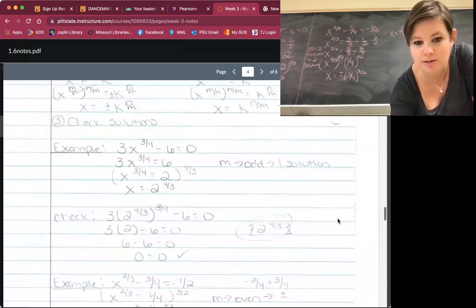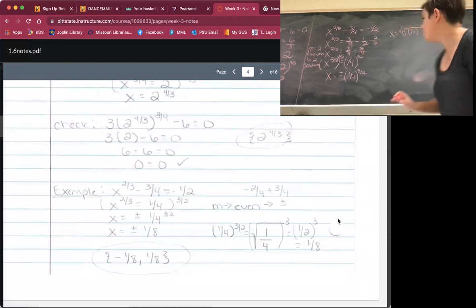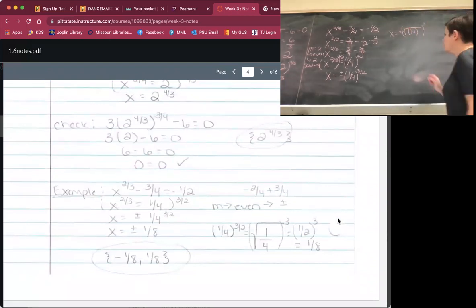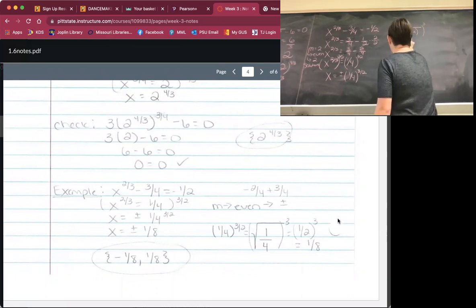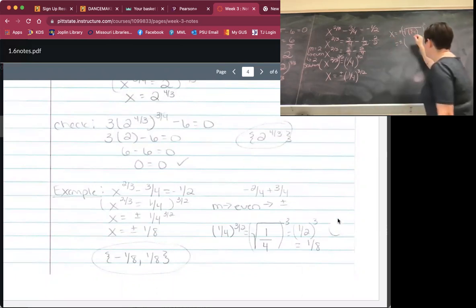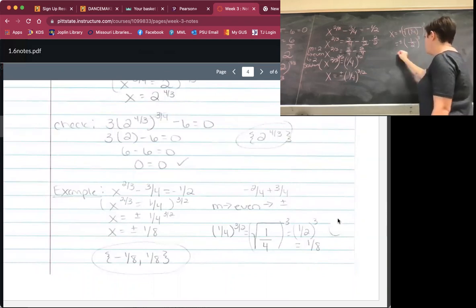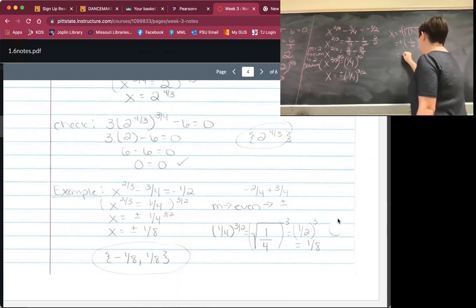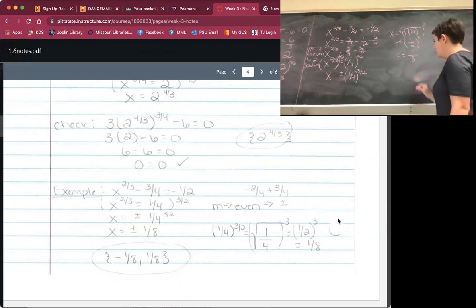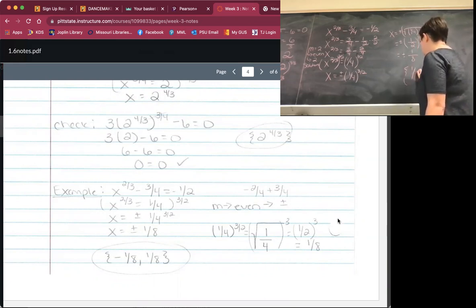And for me, that's a lot easier in this case because the square root of 1/4, well, what's the square root of 1? Well, 1. And what's the square root of 4? 2. And then I have all of that cubed. 1 cubed is 1. 2 cubed is 8. So my solution set then is 1/8 and -1/8.